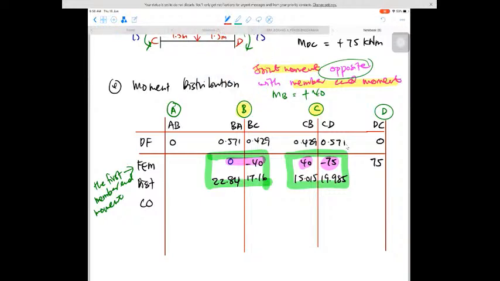Like this, we carry the value here, and we carry the value here. Actually for A and D, since A and D are fixed, the original process is like this.